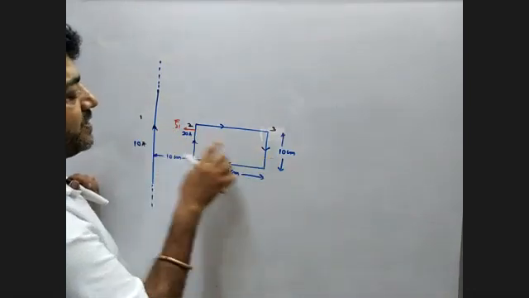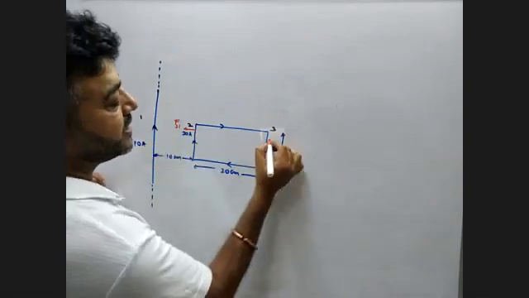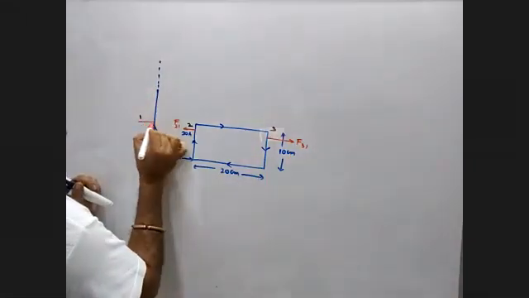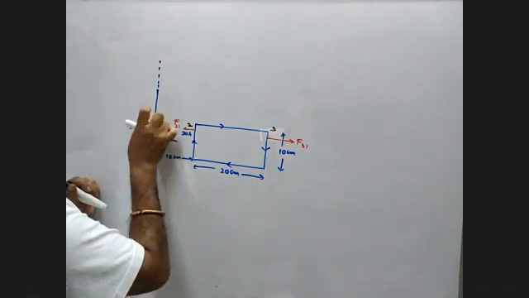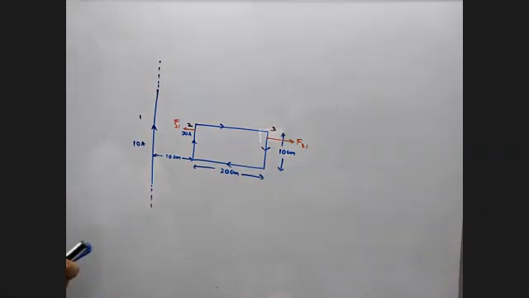Similarly, 1 and 3 are in opposite directions, so the force is repulsive in nature. Here also it is repulsive. But I don't need to write for 1. We just find the force at 3 due to 1.